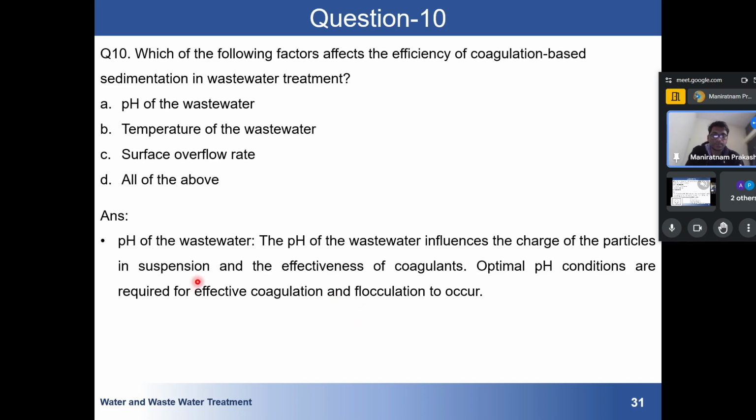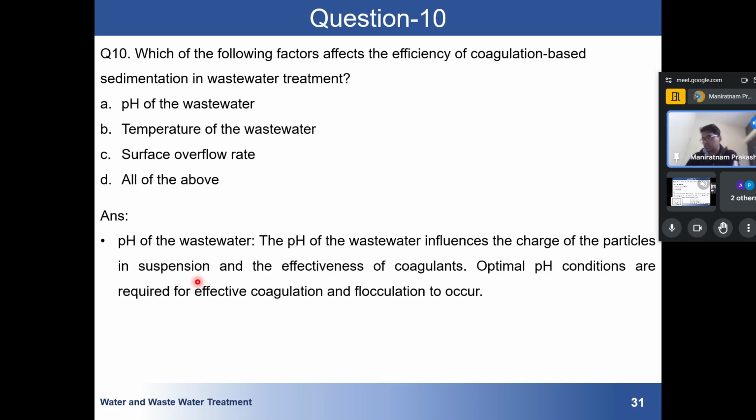Now imagine you are using wastewater with pH of around 9 and you are using alum, that alum won't work, that is wastage of money. So you have to be specific, check the pH of the wastewater, then according to the pH you have to add a different kind of coagulant.